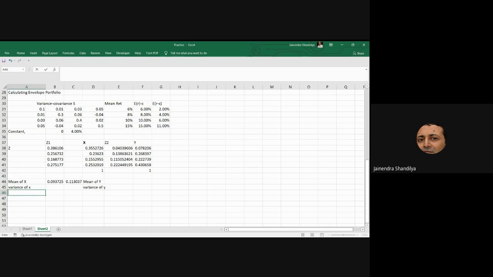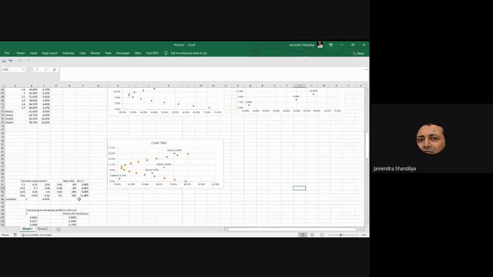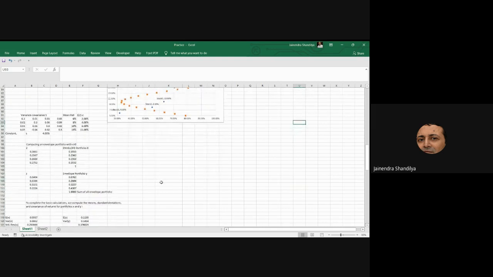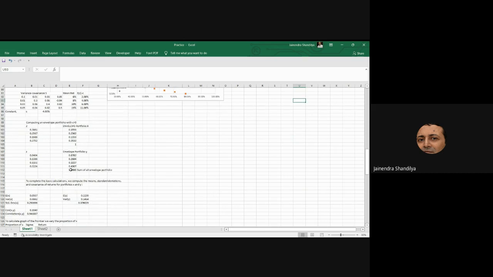Let's go, because we have already done this and it will save our time. We are here. This is the same variance covariance matrix, and this is 4% and 0%, and we calculate the two portfolios X and Y from this.